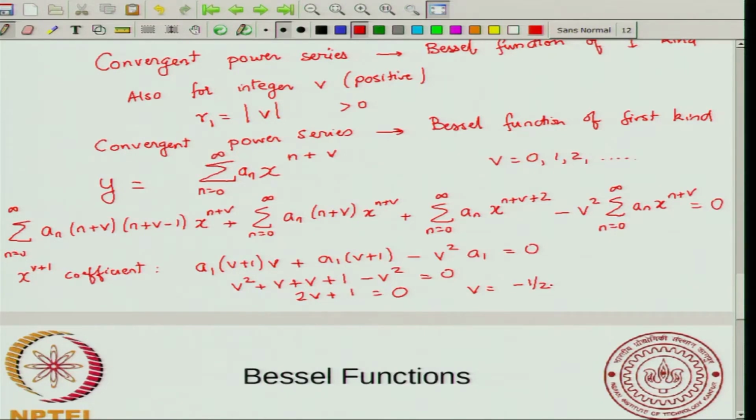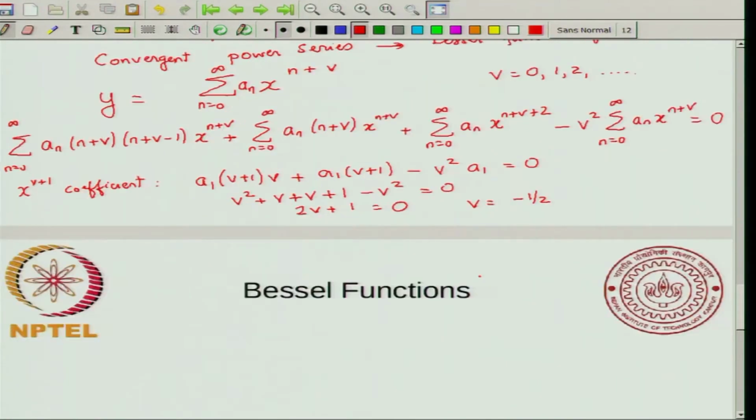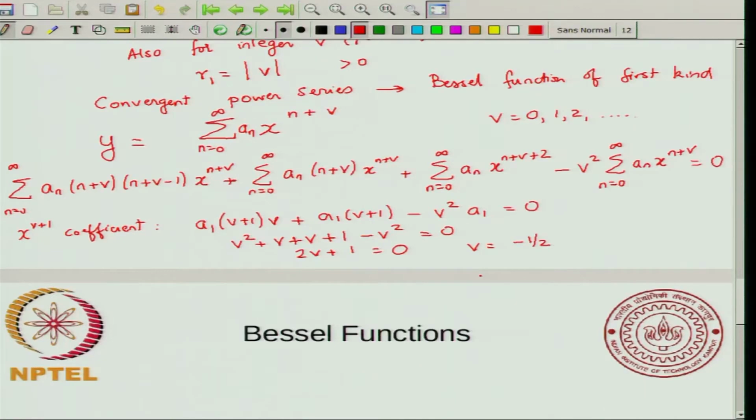So this is a condition that you get by setting the x raised to v plus 1 coefficient to 0.